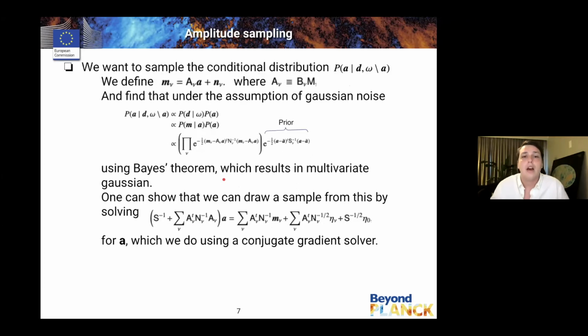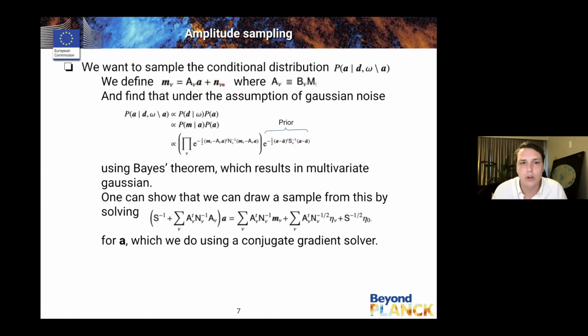So the first of the two conditional distributions that we focus on is the amplitude distribution. And just to get a quick overview of this, we define this vector M, which consists of all the sky maps, where capital A here is the beam and the mixing matrix, which includes the beta spectral indices and the amplitude A and some Gaussian noise term.